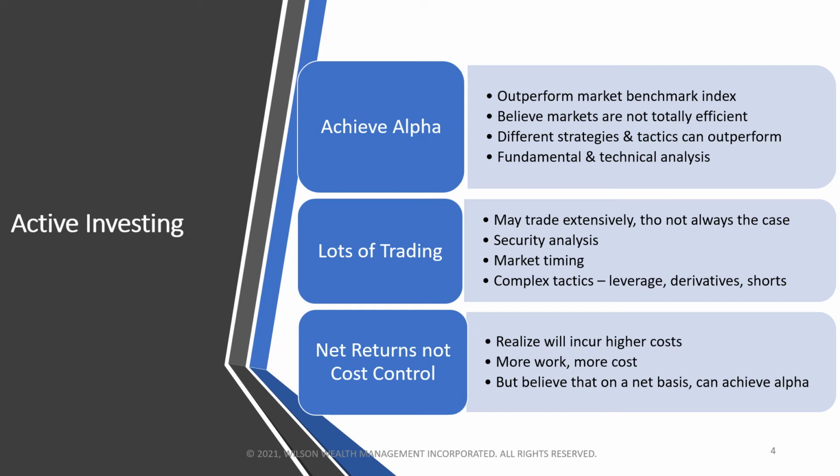And the final point with active investing is it's all about net returns, not cost control. We saw the passive investors, cost control is key. Active investors realize they will incur higher costs. There's more work being an active investor, especially if you're investing maybe into a niche market.